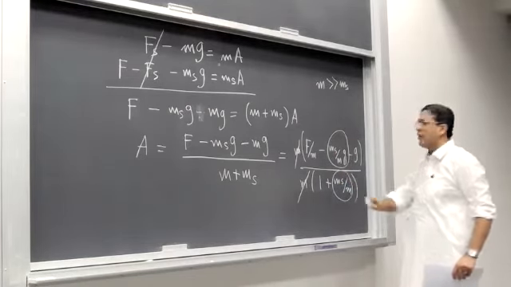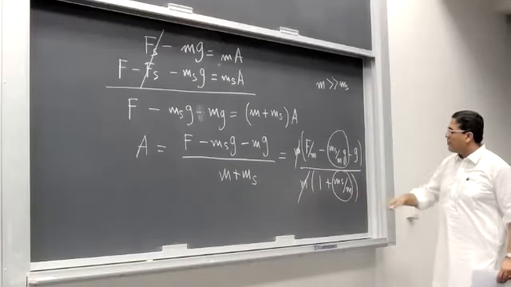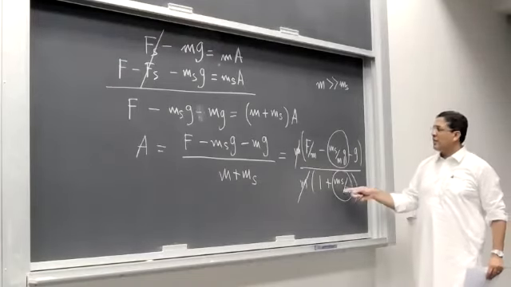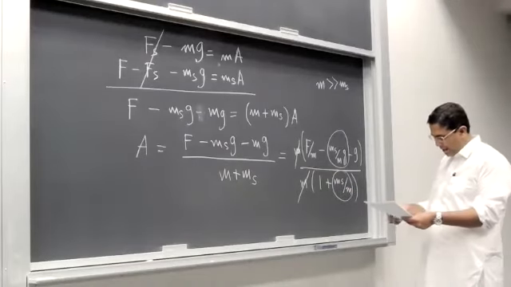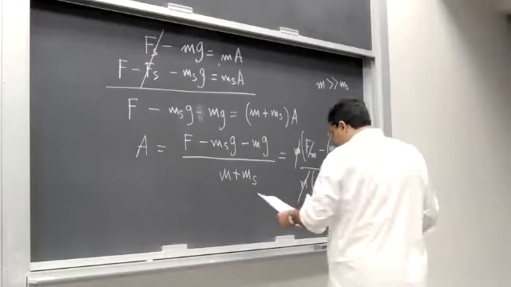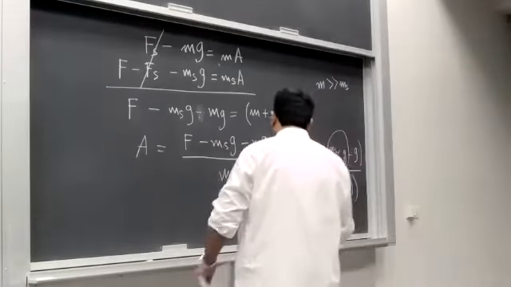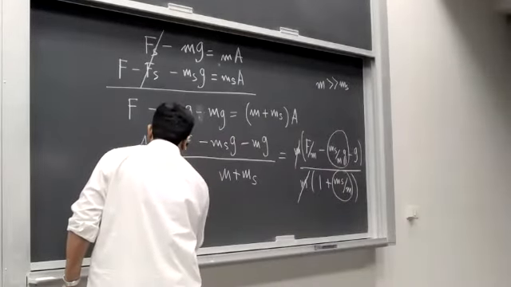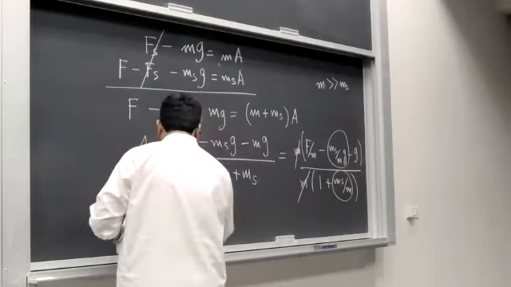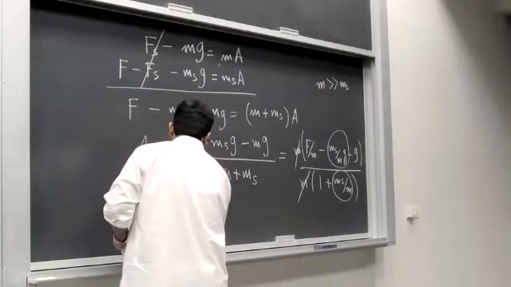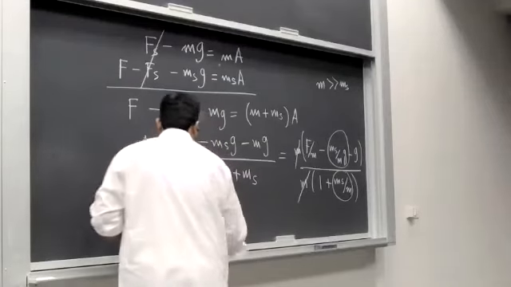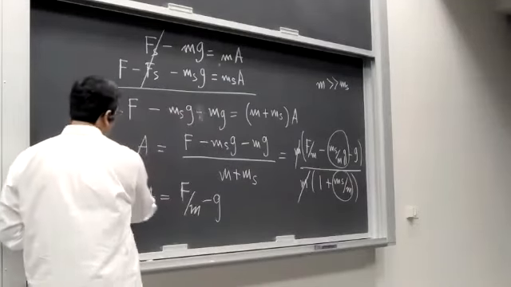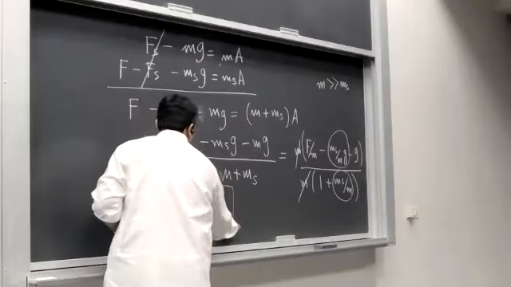It's the ratio of the masses of the objects involved to the mass of the spring. If you take this limit, you will get the acceleration equals F over m minus g.